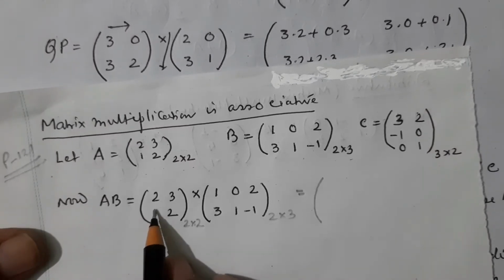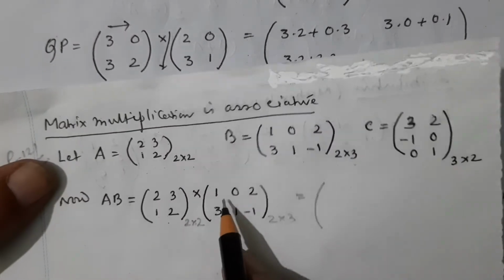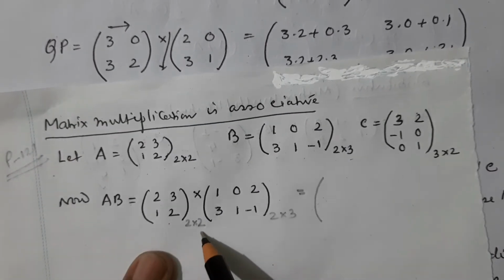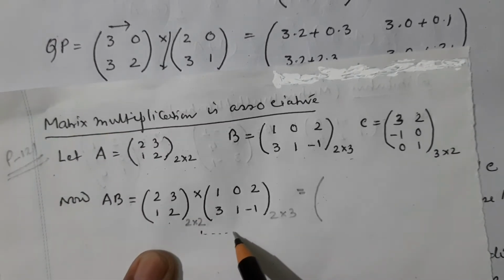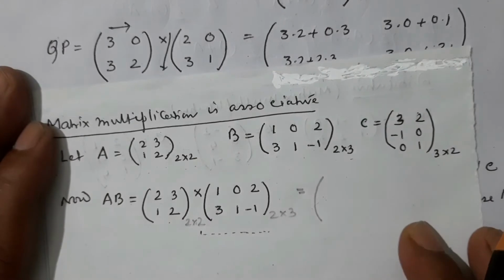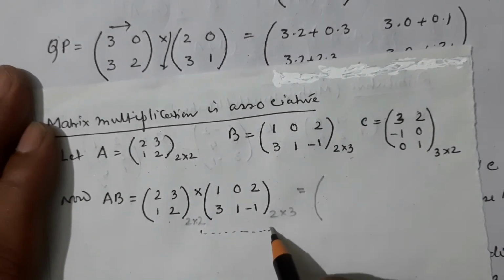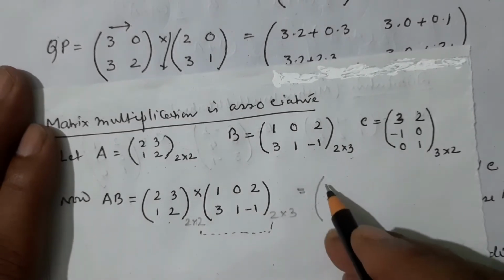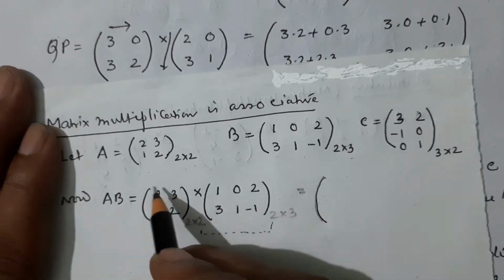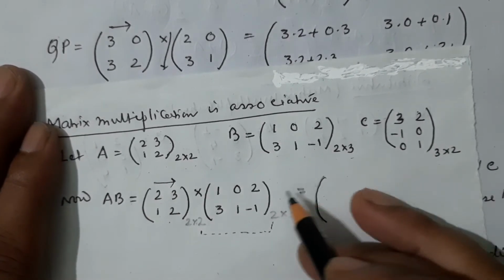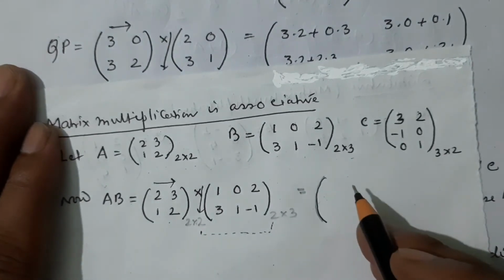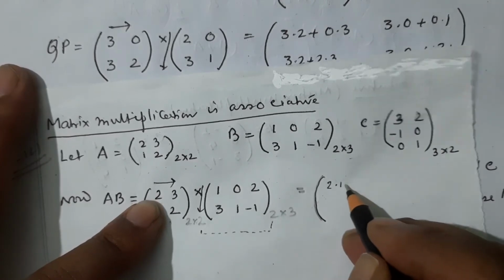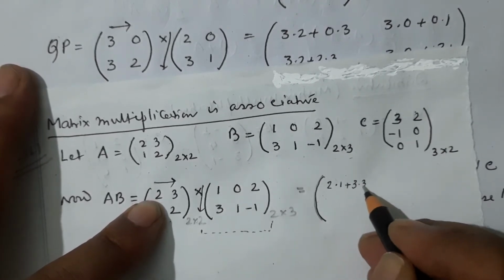So at first we calculate AB: 2, 3, 1, 2 into 1, 0, 2, 3, 1, minus 1. Here the number of columns of the first matrix is equal to the number of rows of the second matrix. So these two matrices are conformable for multiplication, and we follow the rule: row of the first matrix multiplied with the column of the second matrix, corresponding multiplication, that is 2 into 1 plus 3 into 3.